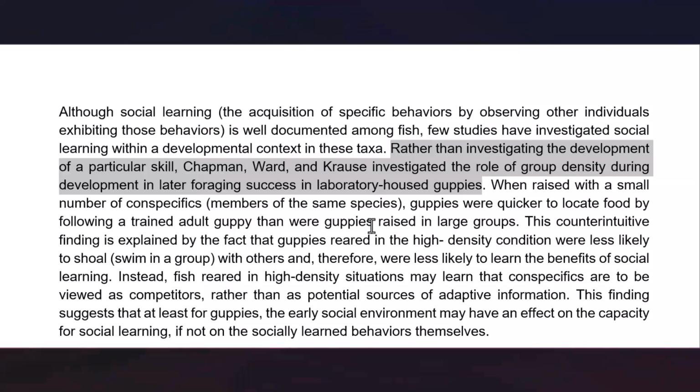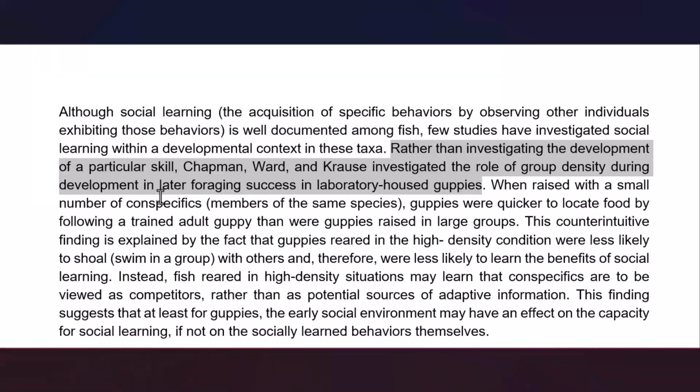While their initial purpose on the surface was not to study a social skill, studying social learning is the underlying motivation for these researchers, because they wanted to study the effect of group density during development in later foraging success in laboratory-housed guppies.